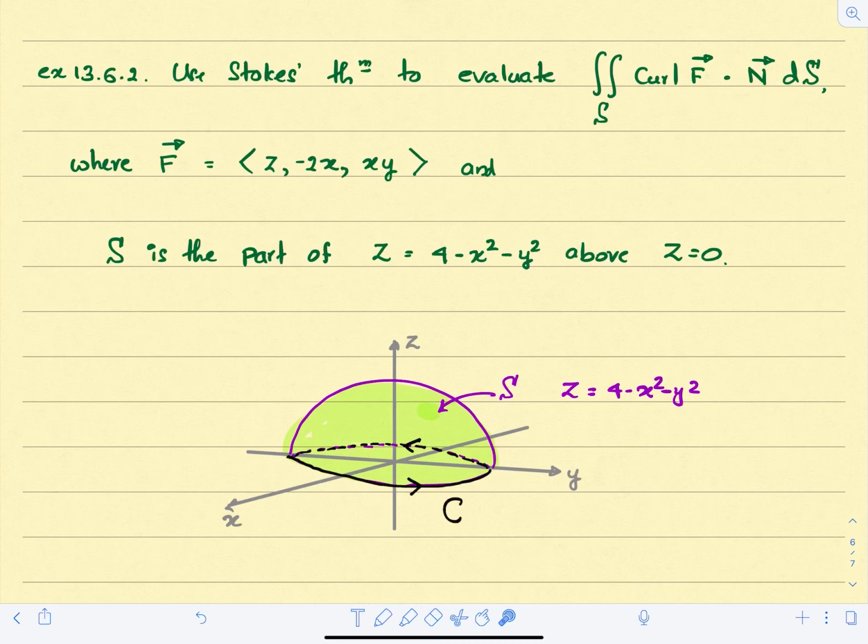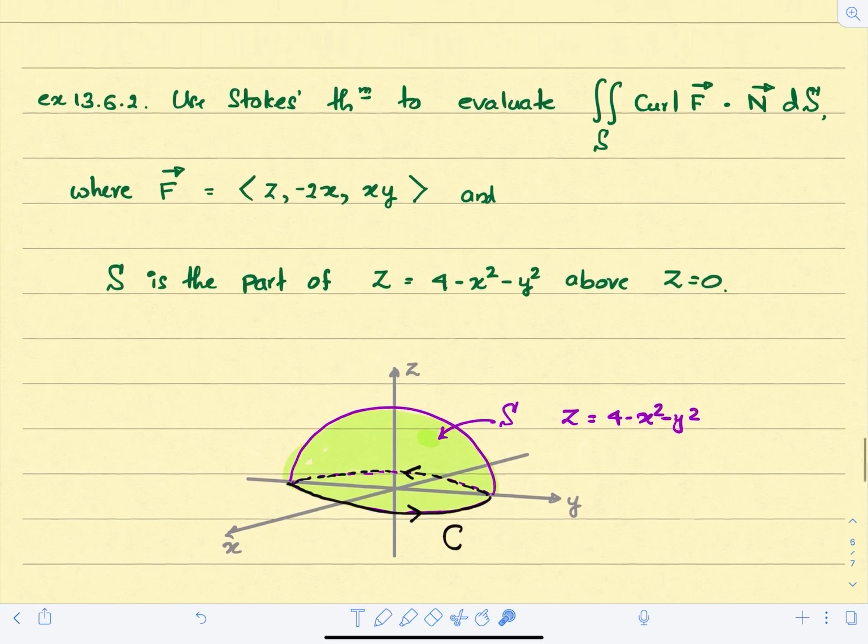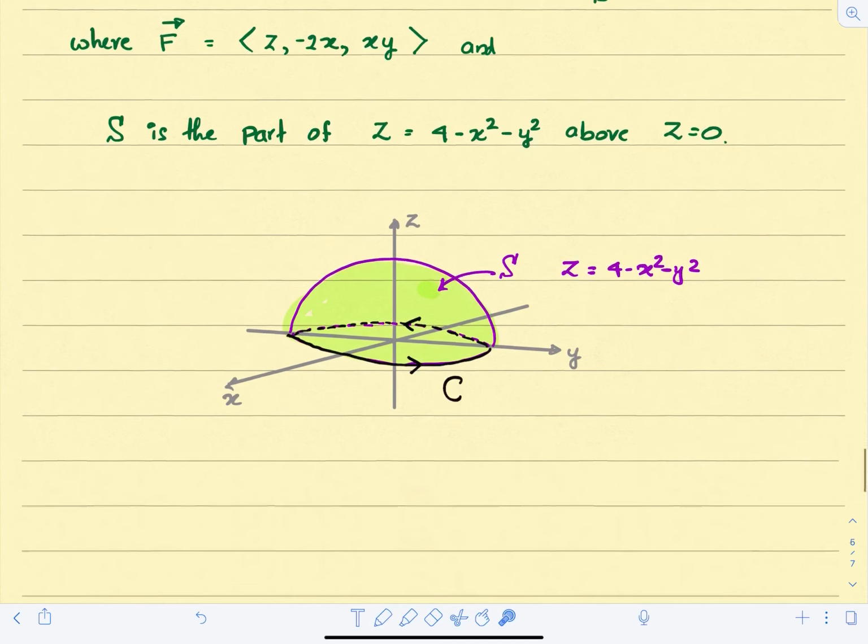Now in this example what we do is the opposite of the previous example. So instead of calculating this flux integral, now we calculate the equivalent line integral.